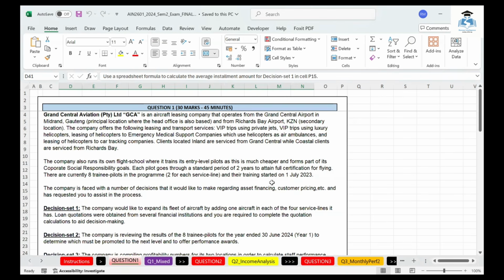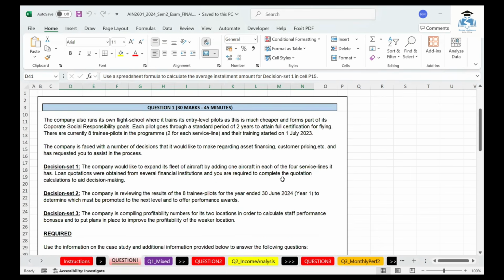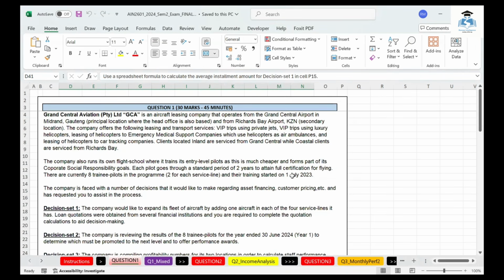All right, so let's go one by one, and we are given a scenario. Grand Central Aviation Pty Ltd, GCA, is an aircraft leasing company that operates from the Grand Central Airport in Midrand, Gauteng, the principal location where the head office is also based, and from Richards Bay Airport, KZN, the secondary location.